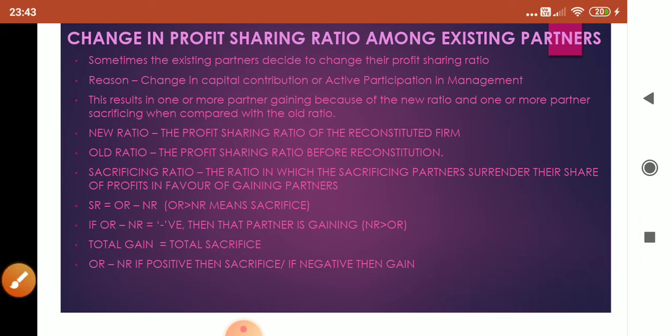Now let us go to the next slide. Okay, this is an illustration sum. A and B were partners in a firm sharing profits and losses in the ratio 2:1. With effect from 1st April 2019, they agreed to share profits and losses equally.